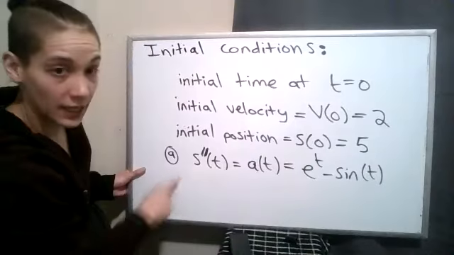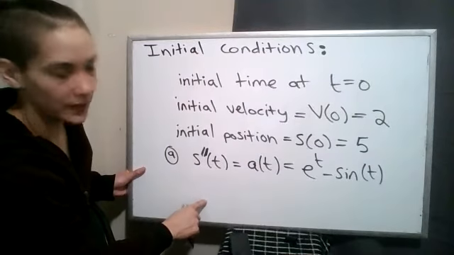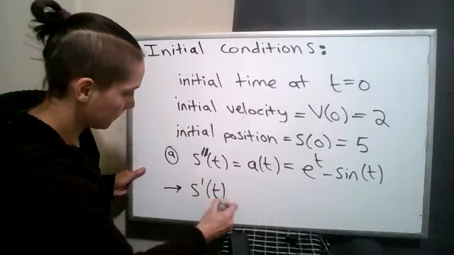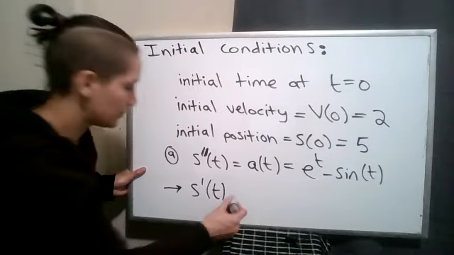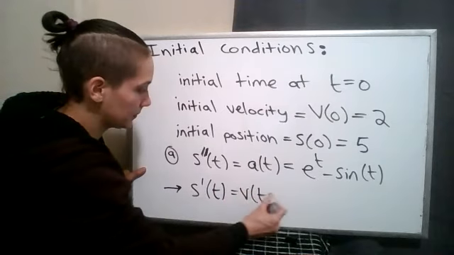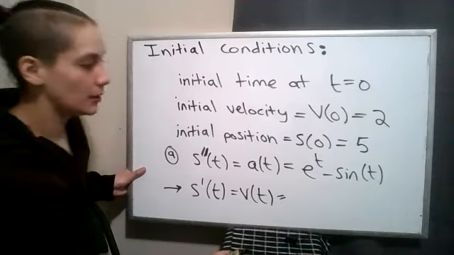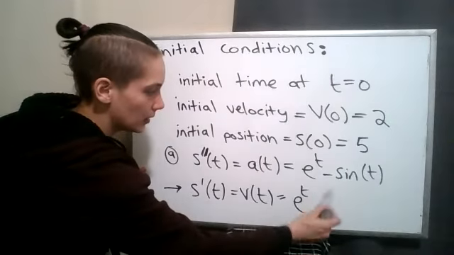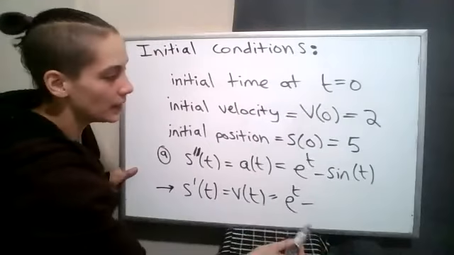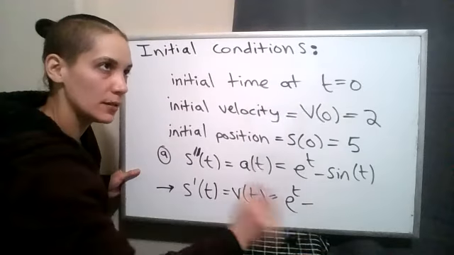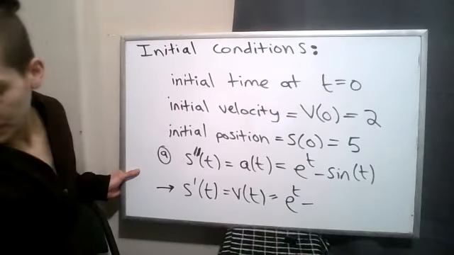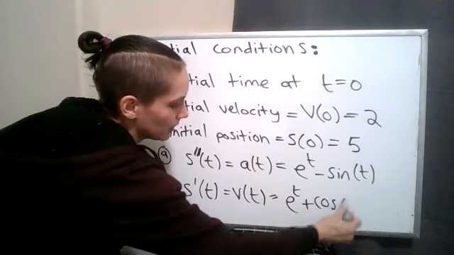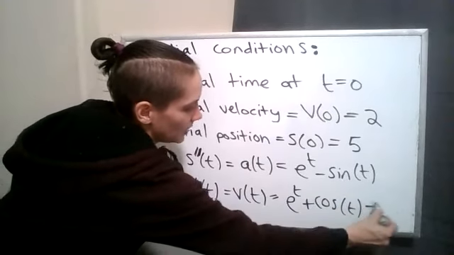The antiderivative is s prime of t, which we call v of t. Antiderivative of e to the t is e to the t. Minus sine, we just copy. The antiderivative of sine would be negative cosine, so we're going to add cosine of t. And then we add some constant c sub 1.